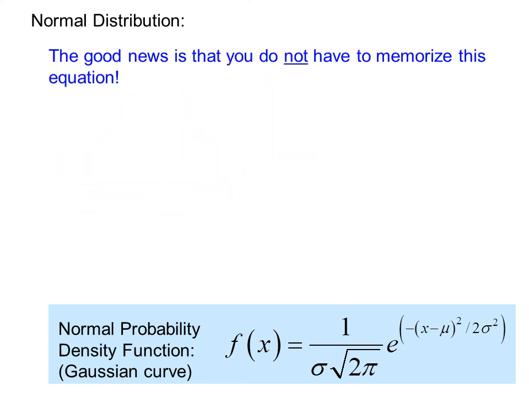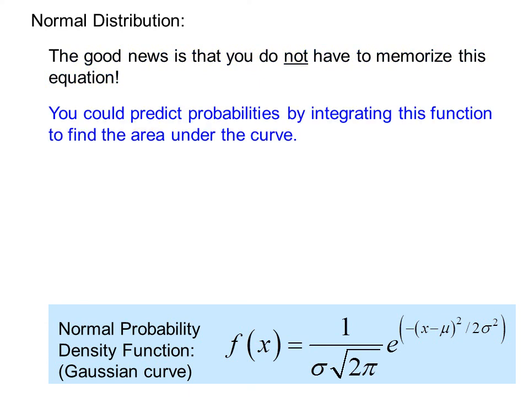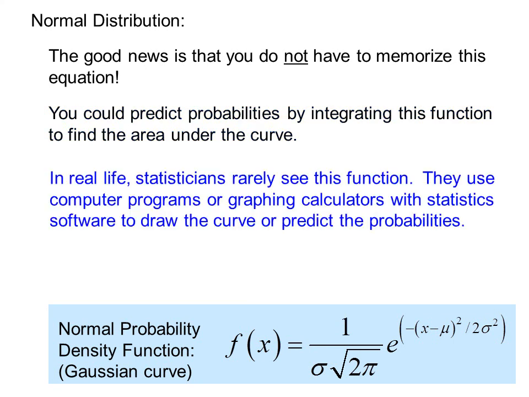The good news is that you do not have to memorize this equation. You could predict probabilities by integrating this function to find the area under the curve. In real life, statisticians rarely see this function. They use computer programs or graphing calculators with statistics software to draw the curve or predict the probabilities.